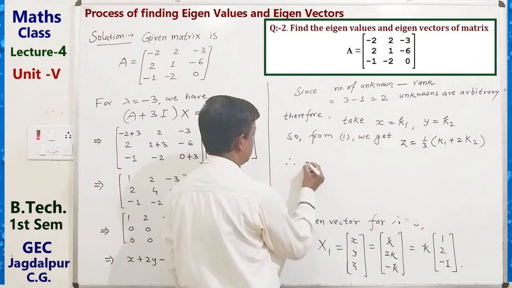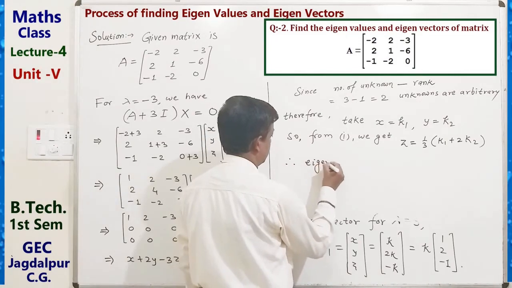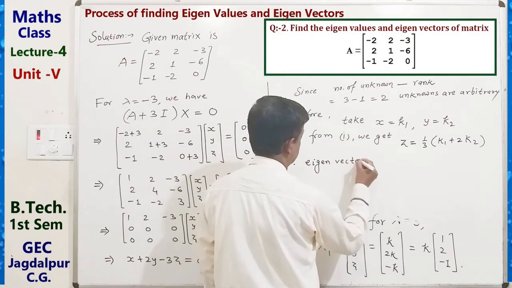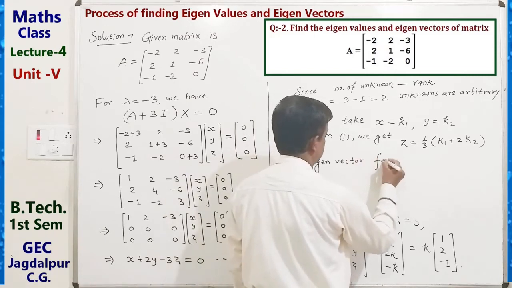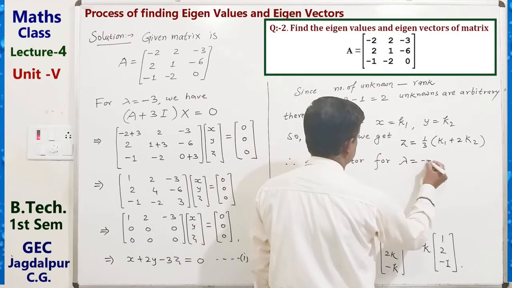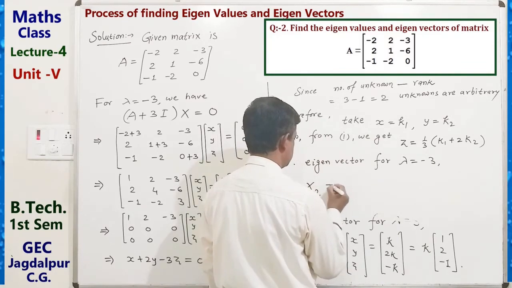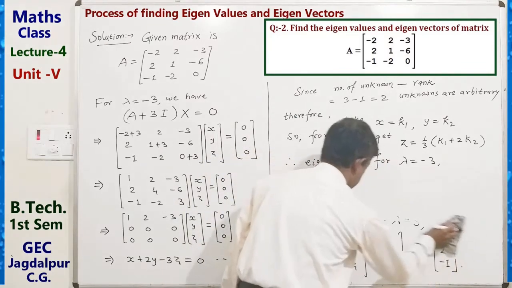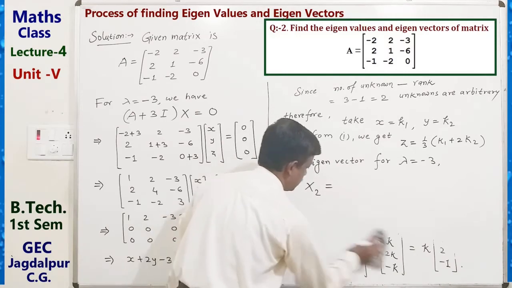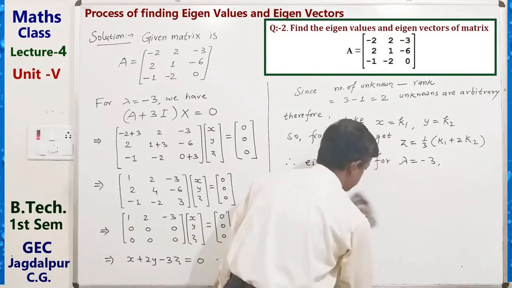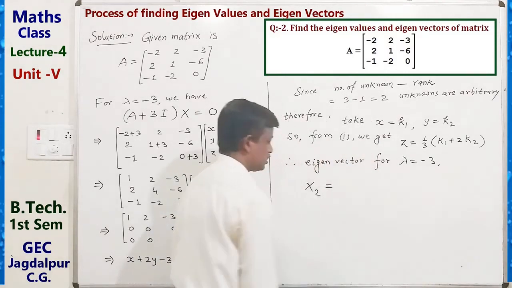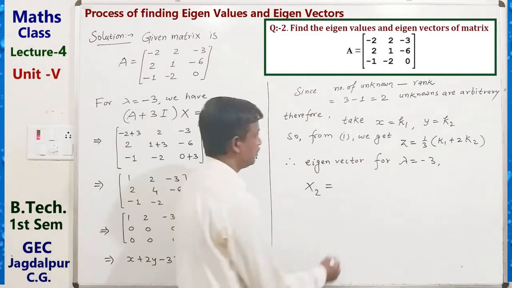The eigenvector for lambda equals minus 3, X2 equals, what?